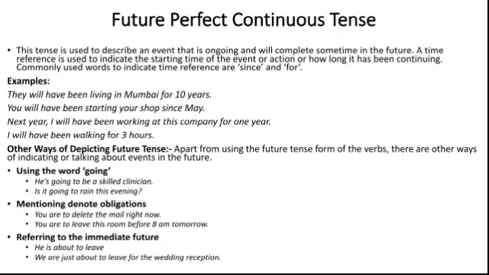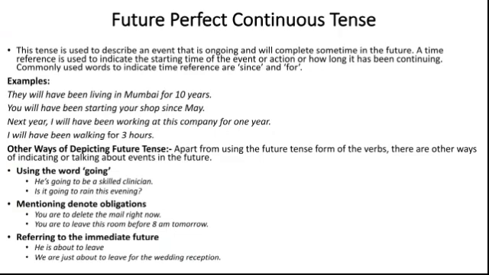We use future perfect continuous tense. Okay, for example, next year I will have been working at this company for 1 year. See, I'm still working in this company, and next year my 1 year will be completed in this company.